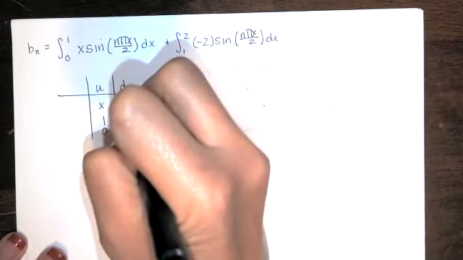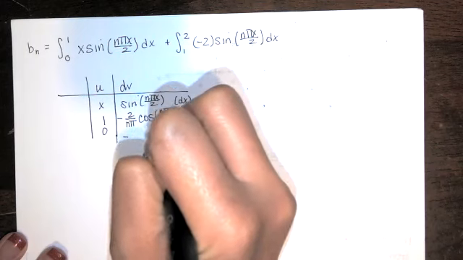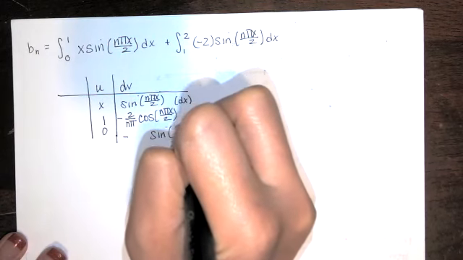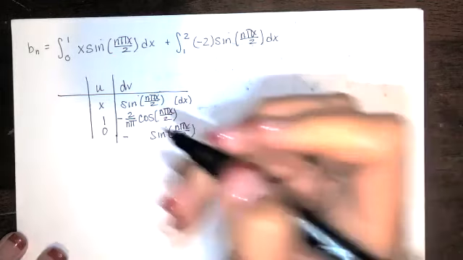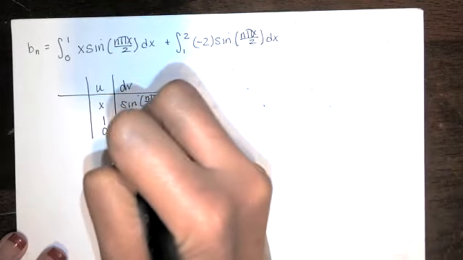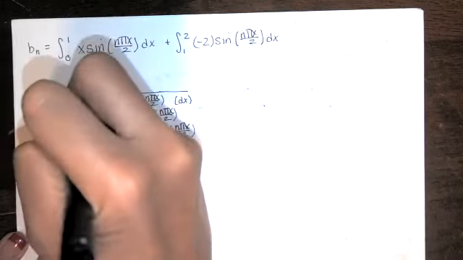Dividing by n pi over 2 is the same as multiplying by 2 over n pi. The antiderivative of cosine is sine. And we'll divide by n pi over 2, which is multiplying by 2 over n pi. So we end up with 4 over n squared pi squared. And don't forget the signs out front.